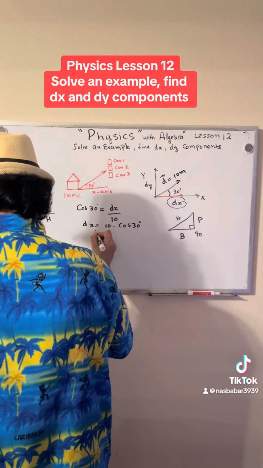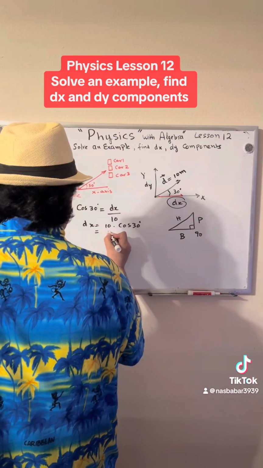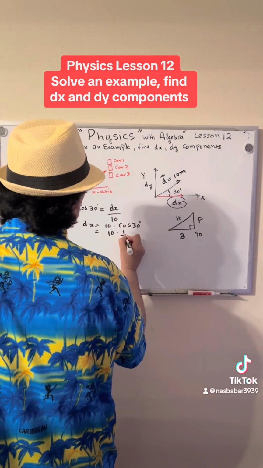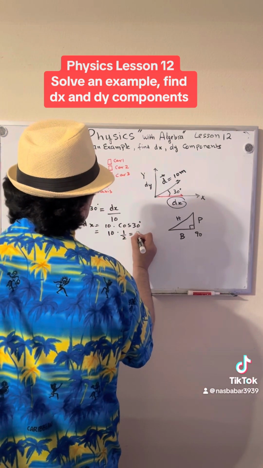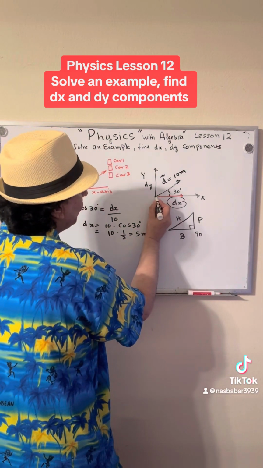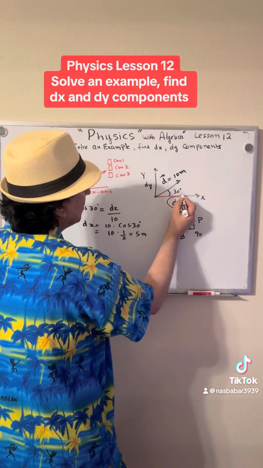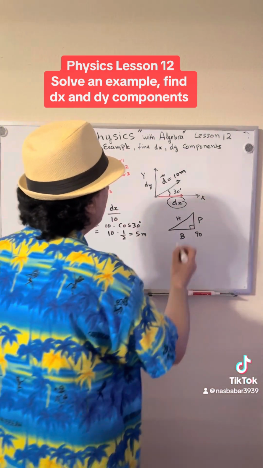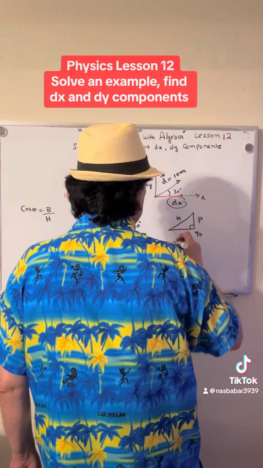If you solve this, you multiply 10, cosine of 30 is 1 over 2. So then the answer is 5 meters. So you have to go from the point of origin, dx is 5 meters up till right here.